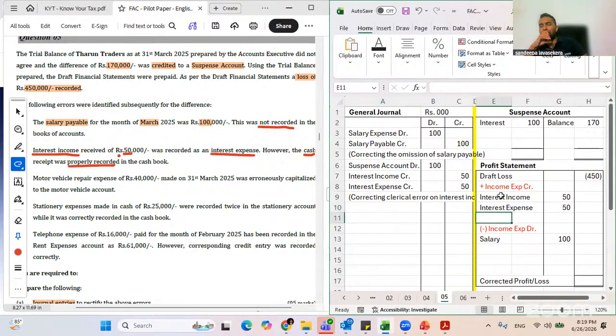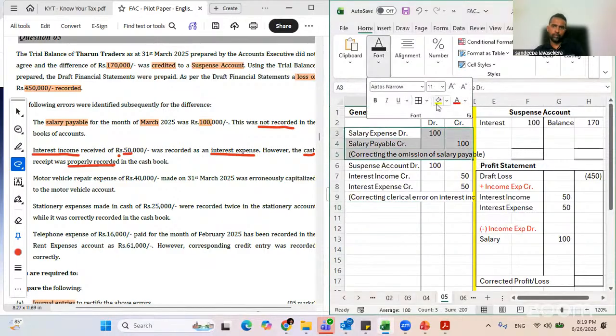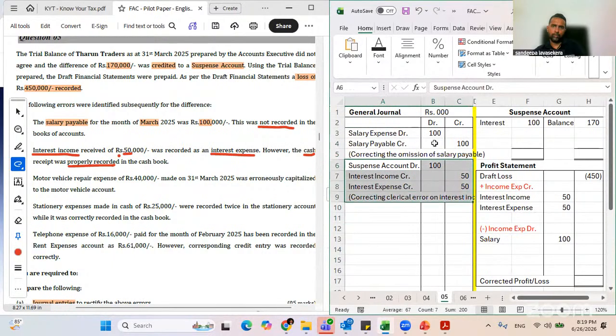Credit, no. Credit means plus. Right, we're done with two items.